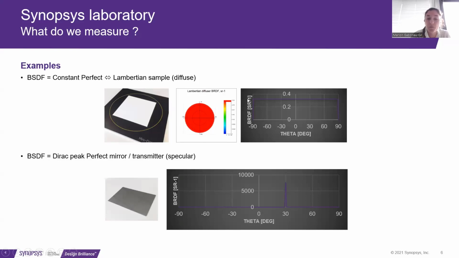Here you have the 2D representation with the BRDF in function of the scattering angle, and you can see that the curve is flat. The second example here is a perfect mirror, where you can see that the scattering curve is direct.